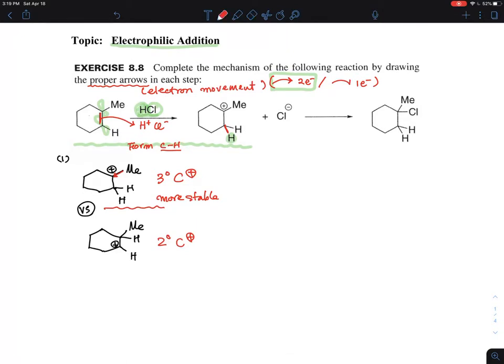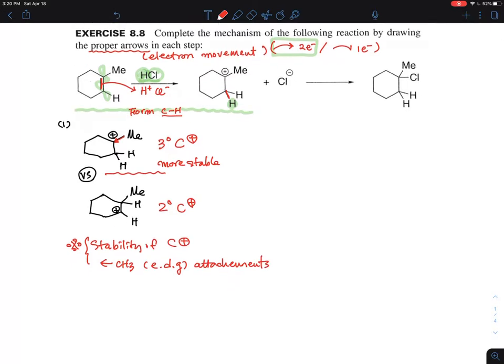I'm just trying to combine this with a little mini lecture. As far as the first step is concerned, this is about the stability of the carbocation, with something like CH3 electron donating group attachments. You can think about it this way: if you have a CH with a CH3 attachment, that's what we call primary.